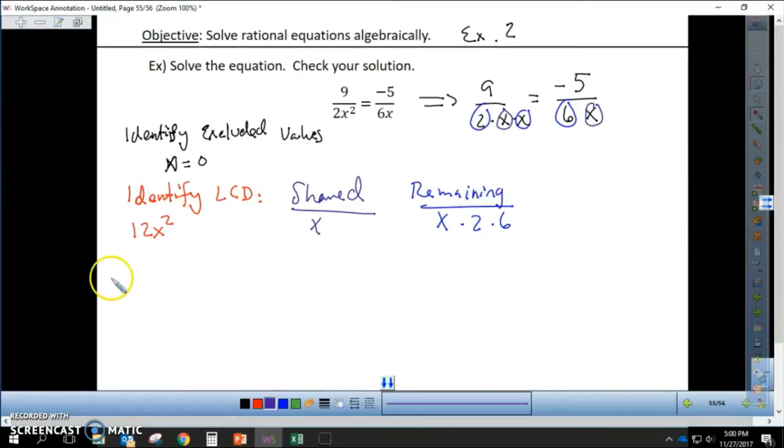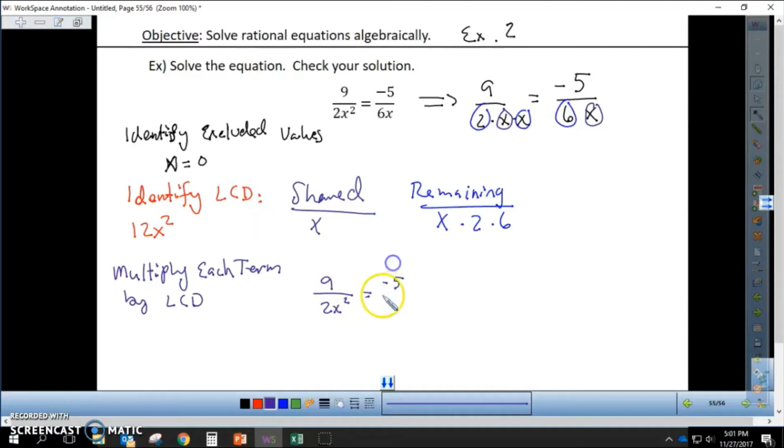The next thing that we're going to do is multiply each term by the LCD. So I'm going to take 9 times 2x squared and negative 5 times 6x, and I'm going to multiply this side by 12x.